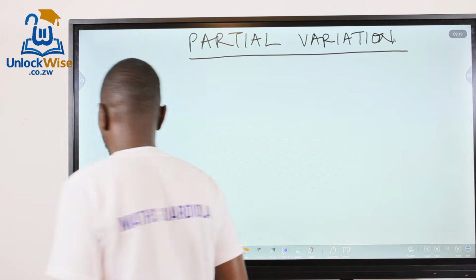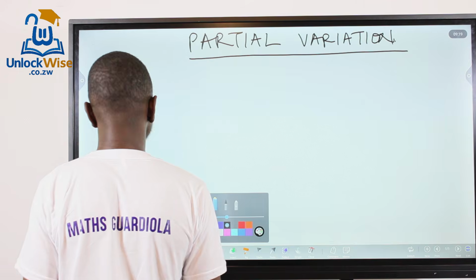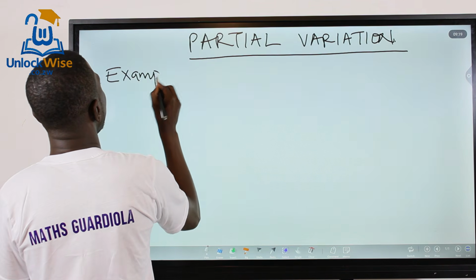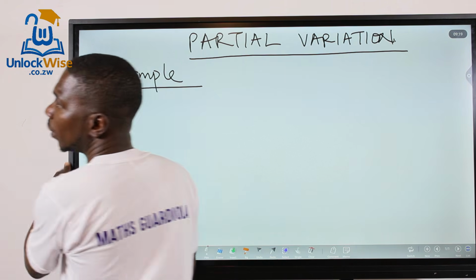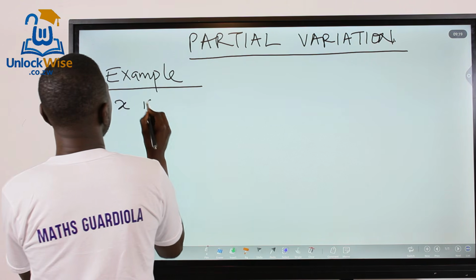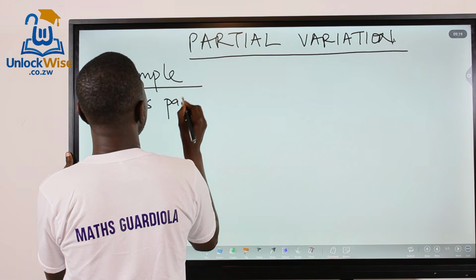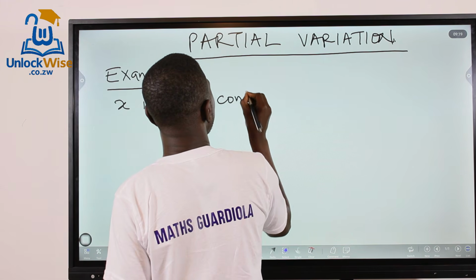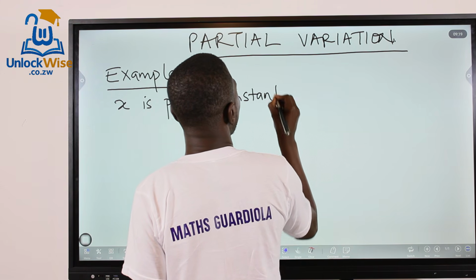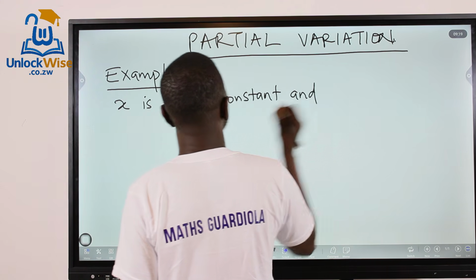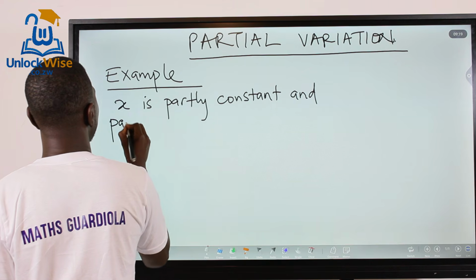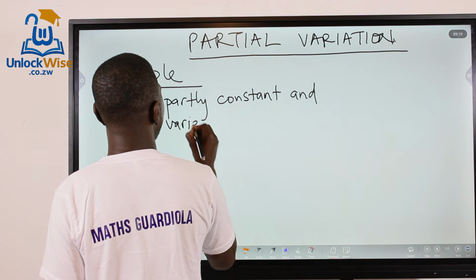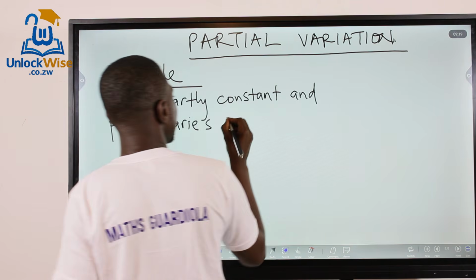For example, we have x is partly constant and partly varies as y.